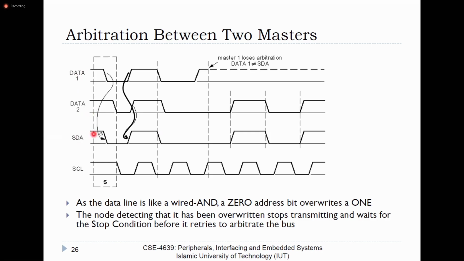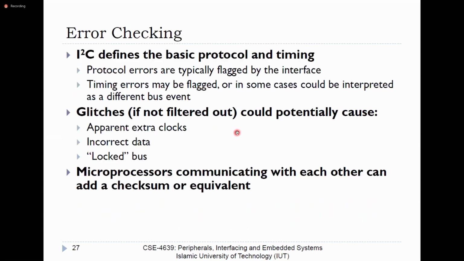They have started their start condition, which doesn't matter, but afterwards, depending on their identifier, one loses and one wins using the wired AND technology and the dominant and recessive state condition. So that's it for the arbitration part.